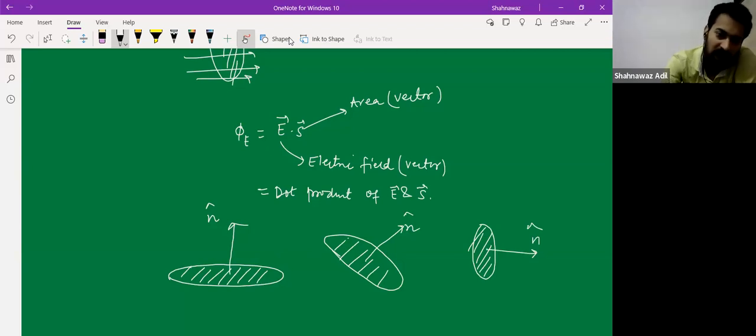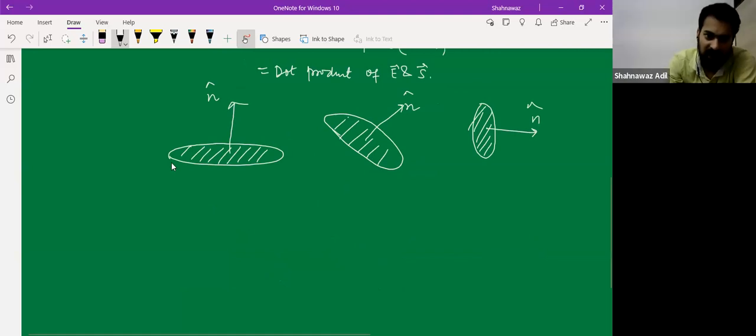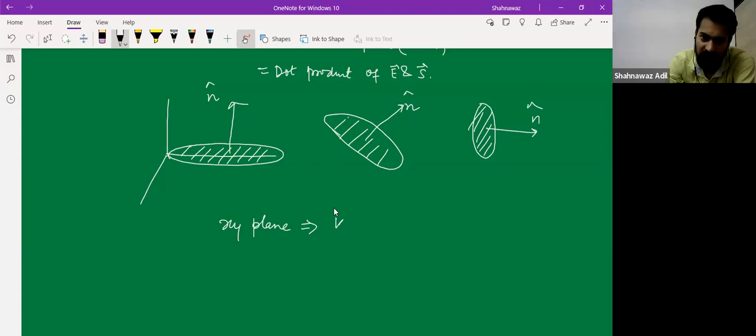Okay. So as you can see, this is in the XY plane, right? The XY plane has a normal which is in the direction of k hat, right? And normal to the YZ plane would be what?